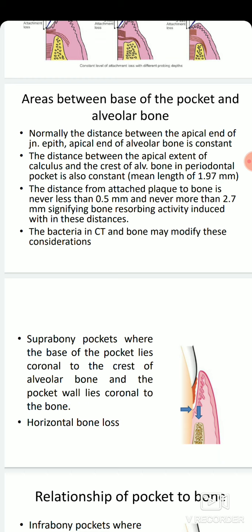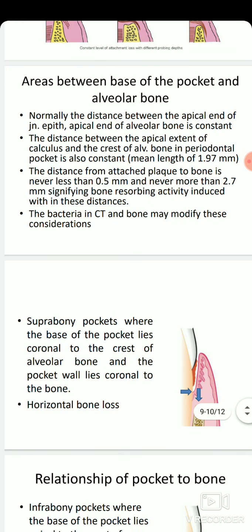and the crest of the alveolar bone is constant, and the distance between the apical extent of calculus and the crest of the alveolar bone in periodontal pocket is also constant, and the mean length which is measured in the studies is about 1.97 millimeters. The distance from attached plaque to bone is never less than 0.5 millimeters and never more than 2.7 millimeters, which is supposed to be a zone of disease activity where the spread of disease can occur.